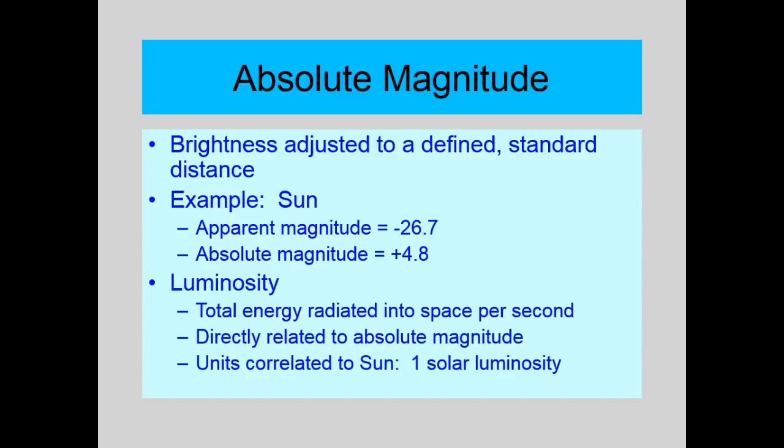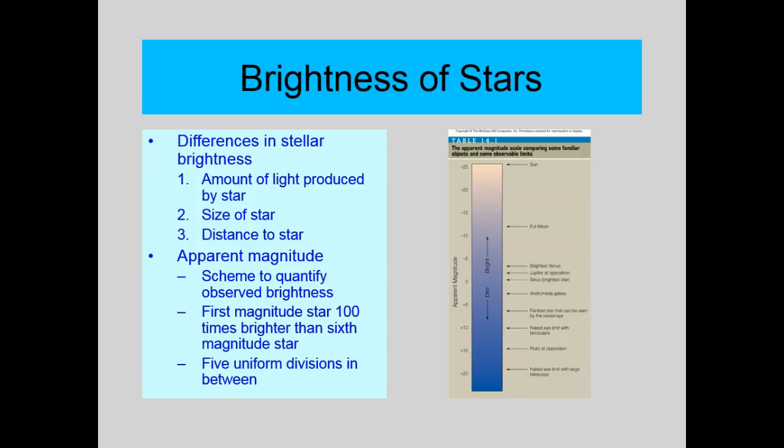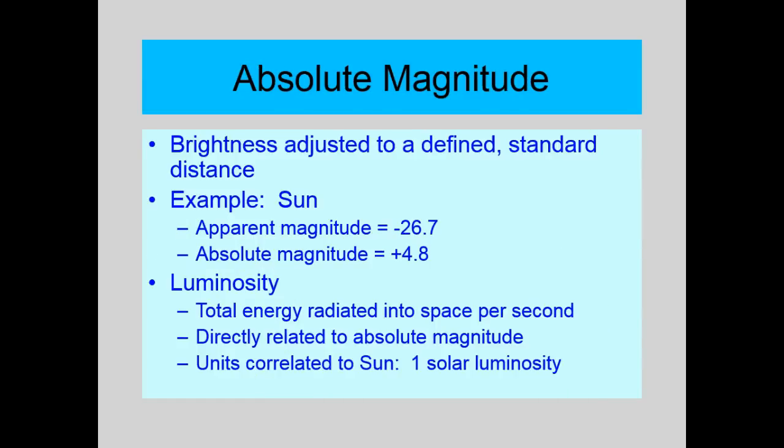Okay? So it says, how many times brighter is Sirius than our sun? Well, we said, if you go back to this slide, the first magnitude star is 100 times brighter than the 6th magnitude star. Okay? So there is the range from 1 to 6. We're going from 1.4 to 4.8. Okay? So that would be 3.4. Okay? Would be the difference in our absolute magnitudes.